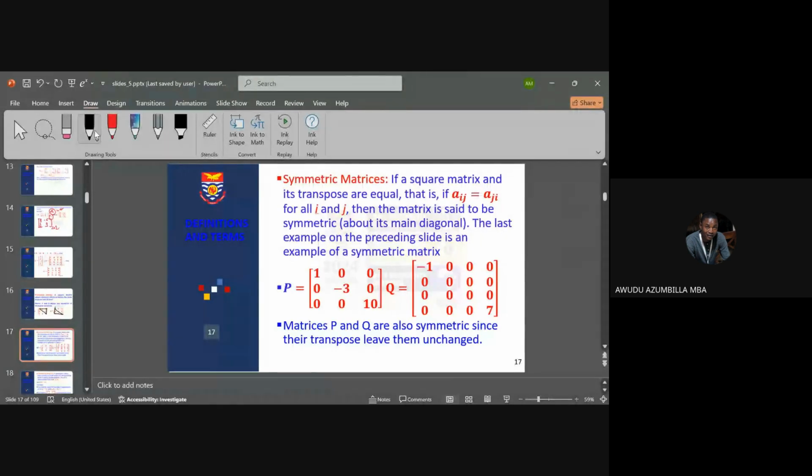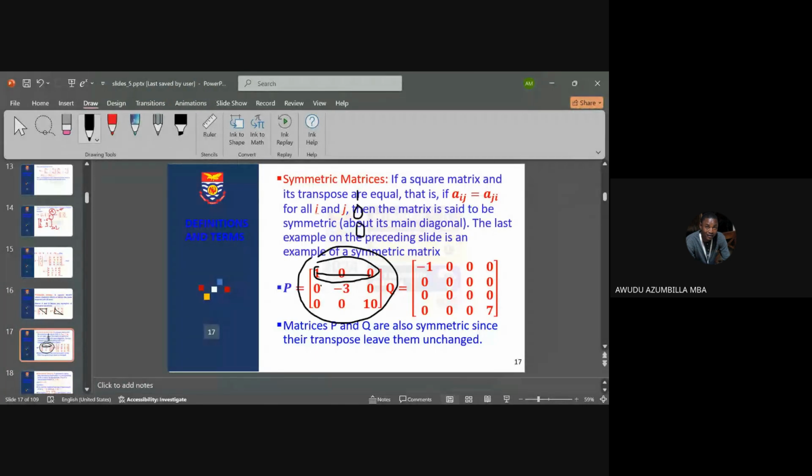So let's look at this. If you want to transpose this, these are columns, you write them as rows. So you write this one vertically. You are going to get 1, 0, 0.